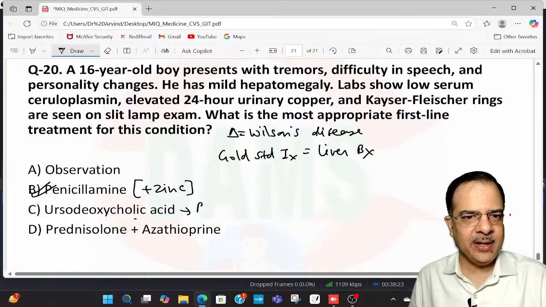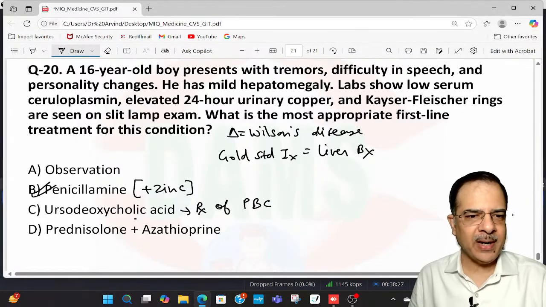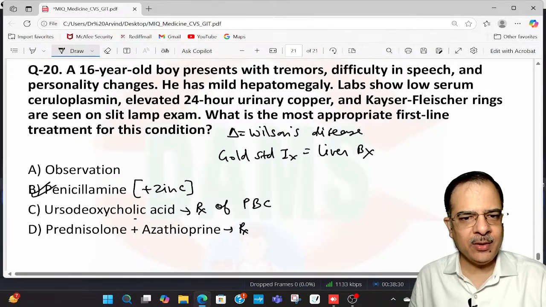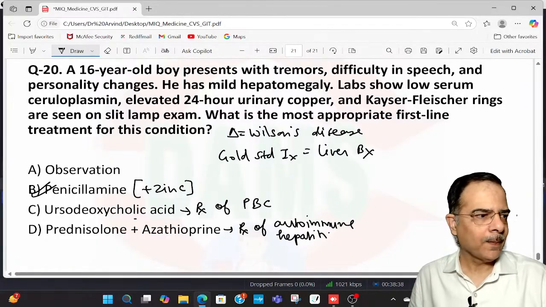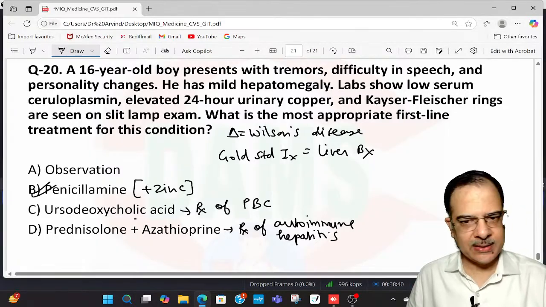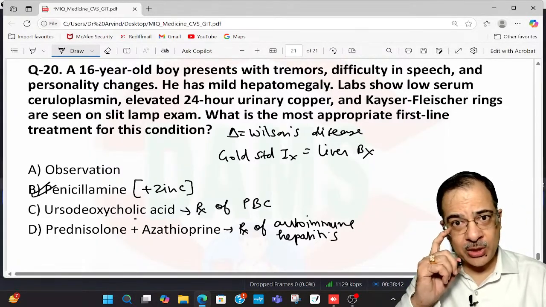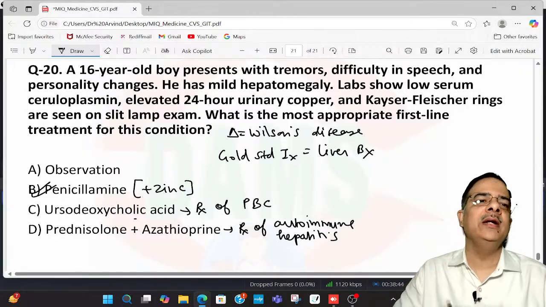Ursodeoxycholic acid is a treatment of primary biliary cholangitis. Prednisolone and azathioprine is the treatment of autoimmune hepatitis. So that means C and D options are given for other chronic liver diseases.